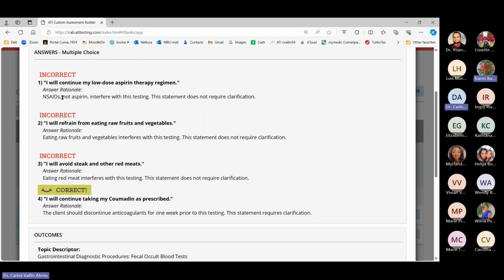According to them, aspirin is also withheld. Aspirin and NSAIDs and corticosteroids, because everything depends on the client, and the doctor needs to authorize a discontinuation.